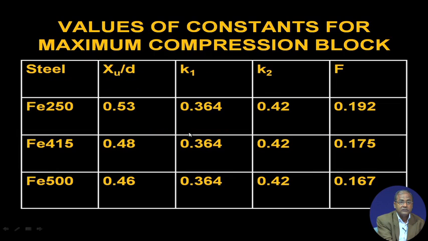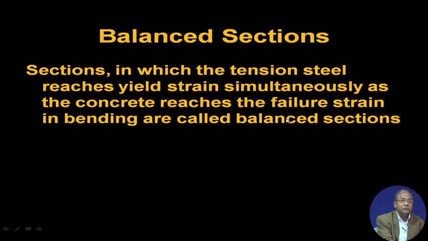So, for steel, XU by D, K1 is the same for all of them, K2 and F we can find out; XU by D varies with respect to that. Similarly, F will also vary with respect to that.